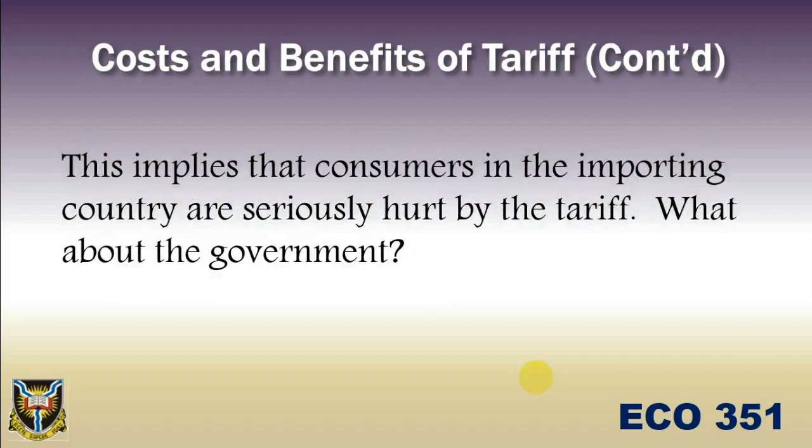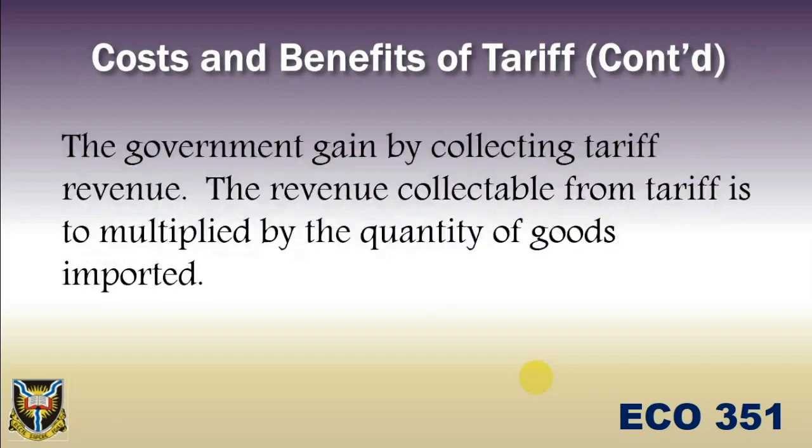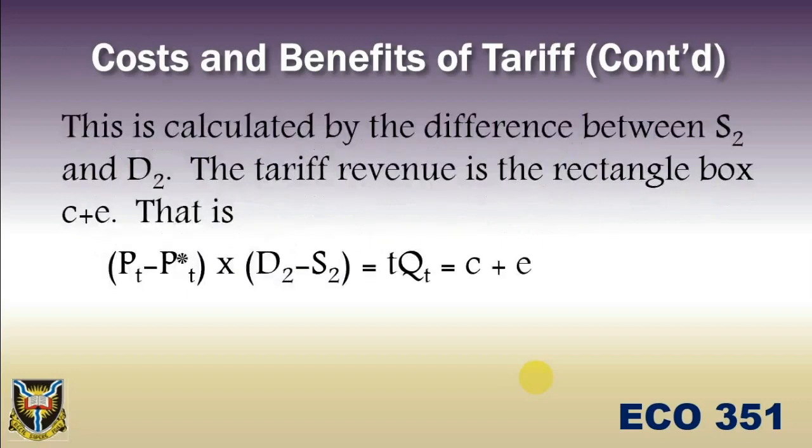What about the government? The government gains by collecting tariff revenue. The revenue collectible from tariff is the tariff multiplied by the quantity of goods imported. This is calculated by the difference between S2 and D2.